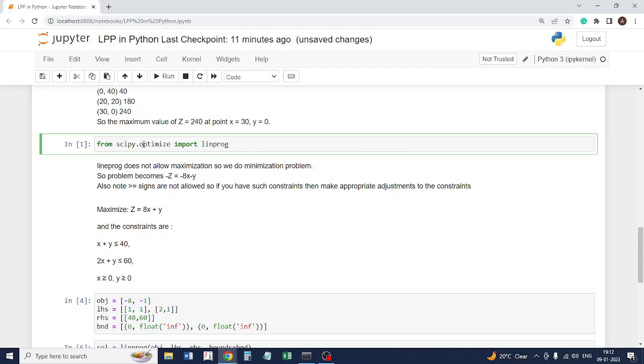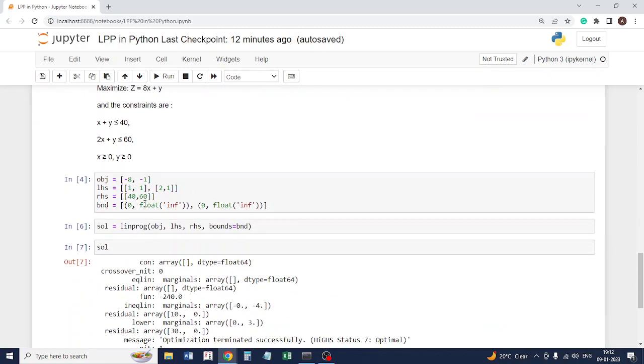So this is how it is solved using the linprog function in the optimize package of the scipy library. If you have any other constraints and a different kind of equation, I've just taken some random values.